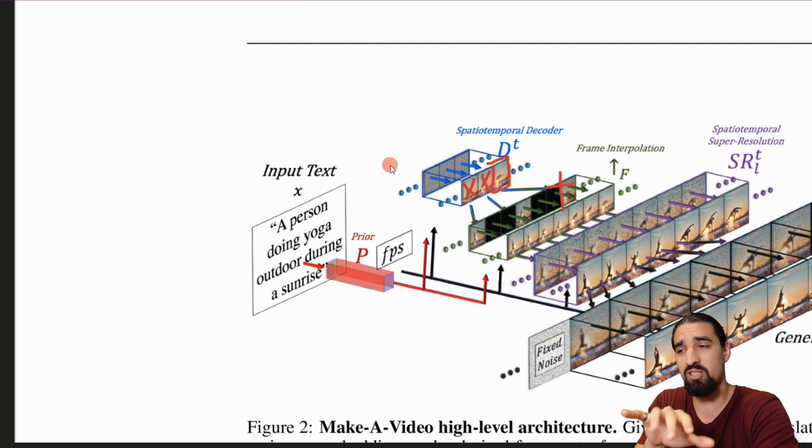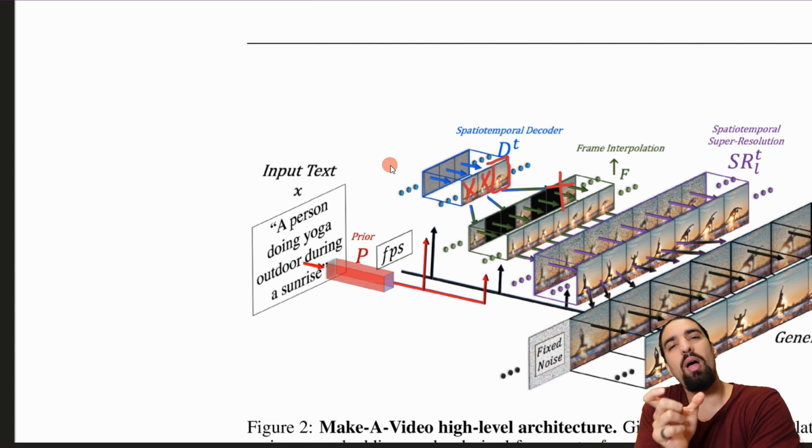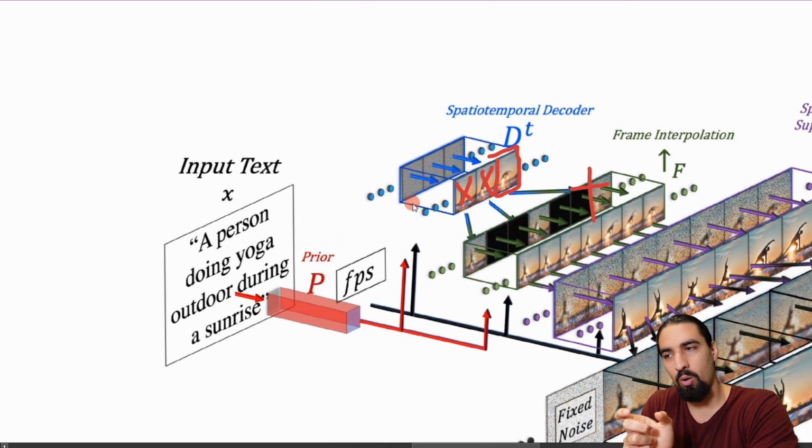So once you have those 16 images, because you don't have the text, what you do is you just embed them using the image encoder of CLIP, you get the image embeddings, and then you literally use those image embeddings to condition this temporal diffusion model, right? So hopefully that makes sense. So now you're going to do the same logic.